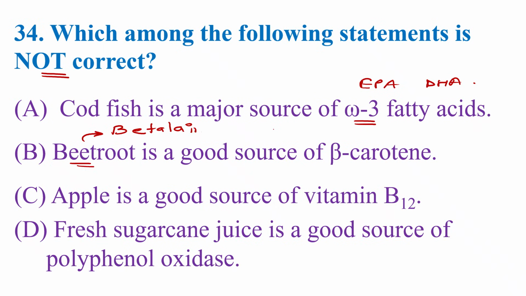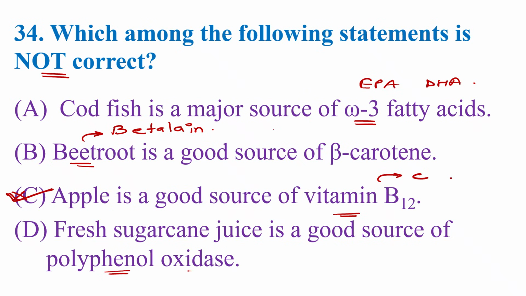Now apple, it is a good source of vitamin B12. So no, it is not at all a good source of vitamin B12. It is a good source of vitamin C. So this statement is incorrect. Means over here our correct option will be option number C. Fresh sugar cane juice is a good source of polyphenol oxidase.